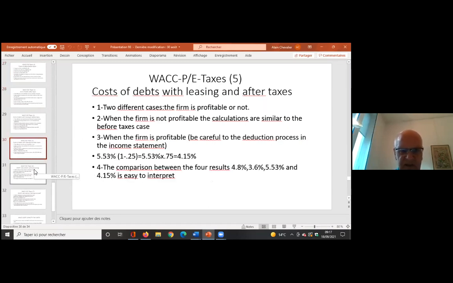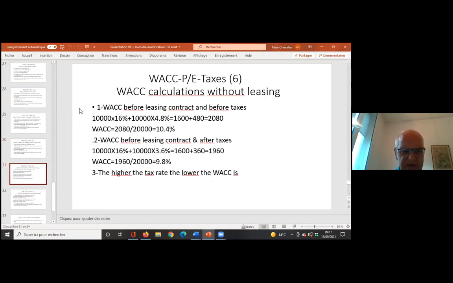After leasing, with leasing and after taxes. And we stopped our calculation at that point, and we'll come back to that calculation later. That's what I wanted to show you, so you are clear on where we are in that set of slides, which is a very long set of slides with 344 different slides.